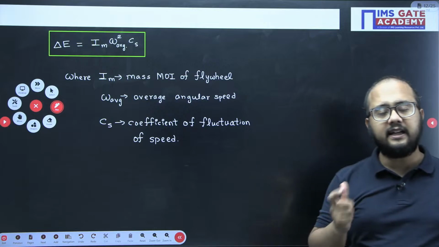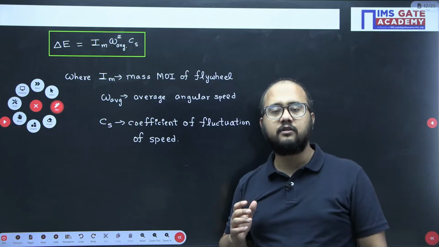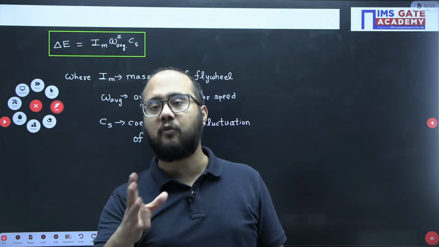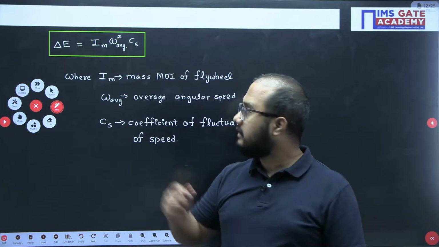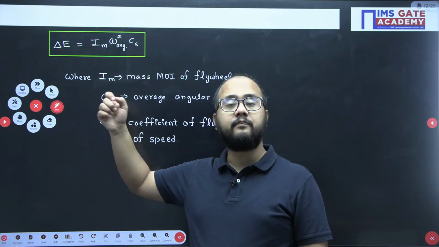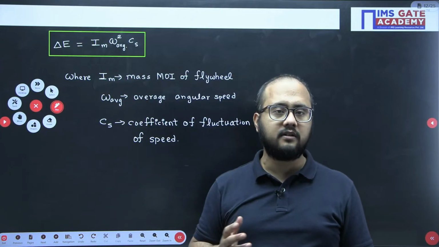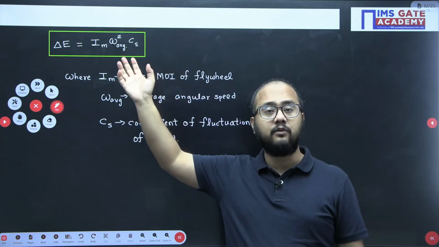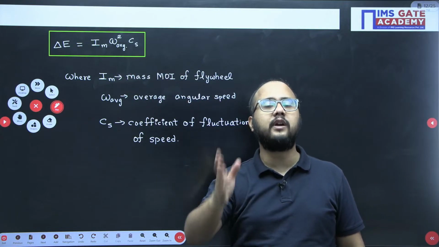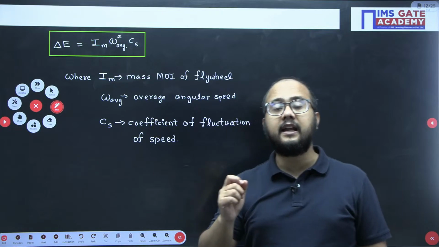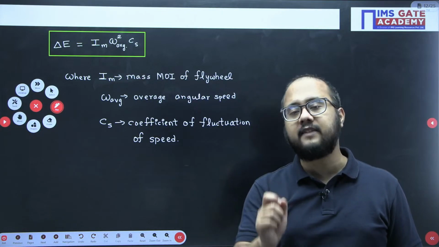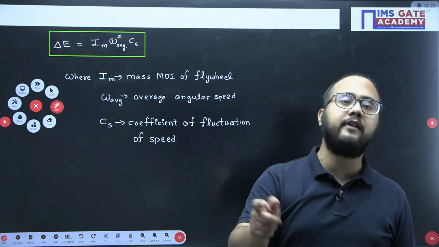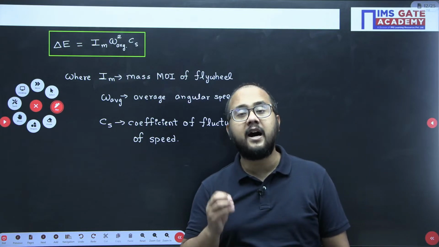If delta E value is given, they can ask to calculate the mass moment of inertia of flywheel required, or the omega average of the flywheel, or the CS value, the coefficient of fluctuation. Or sometimes they ask to calculate the mass of flywheel required.